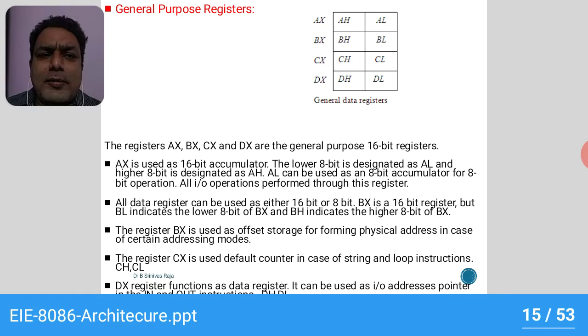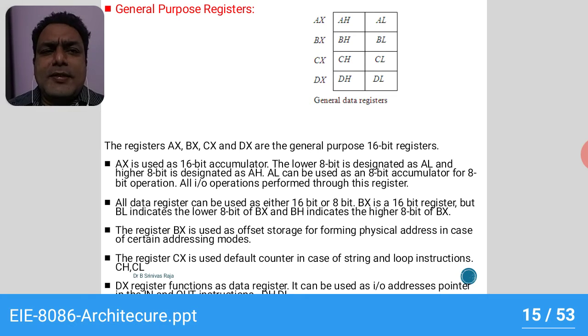L means lower order, H means higher 8-bit. That means as a whole, AX can store 16-bit data. In AX, AL takes the lower 8-bit and AH takes the higher 8-bit. So AX is the combination of AL and AH.